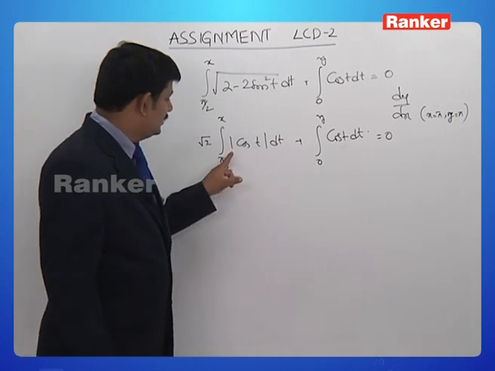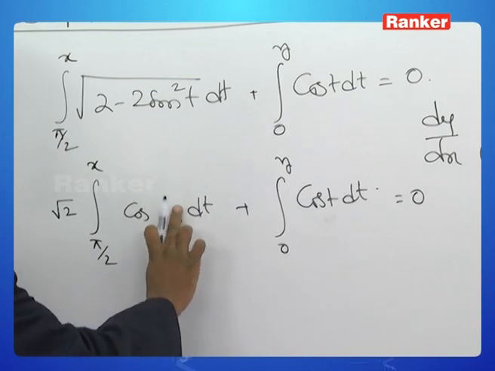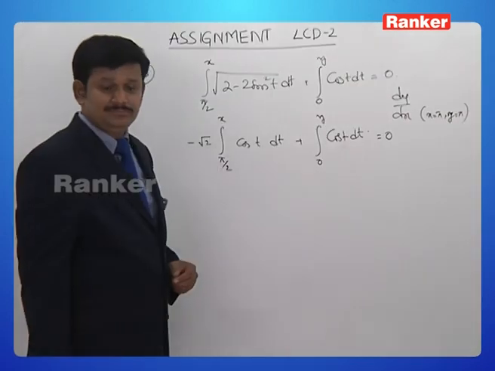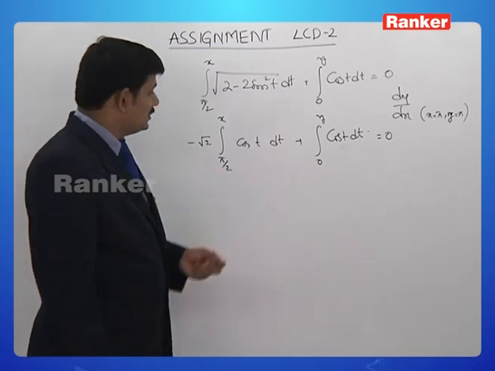In either of the quadrants, cos t is negative. So, mod cos t is minus cos t. Now, the modulus is removed.